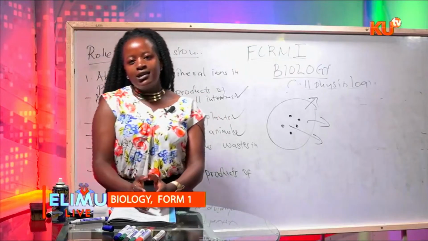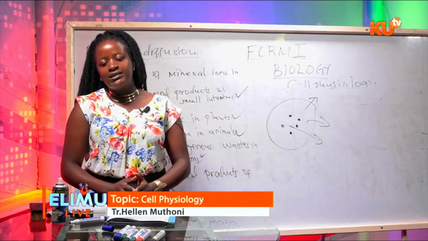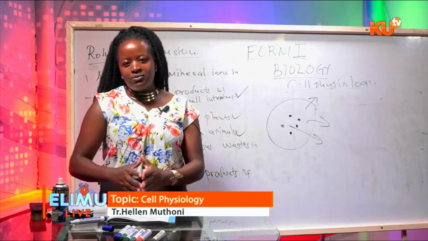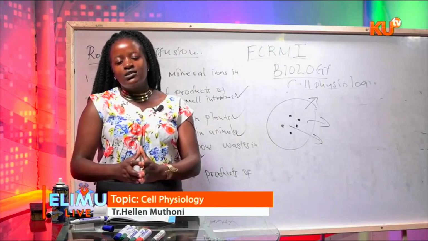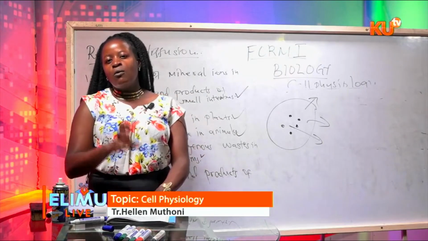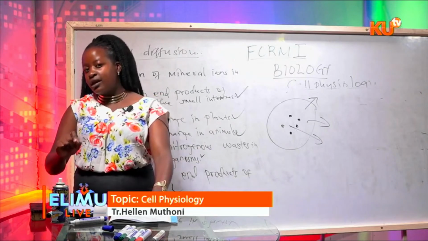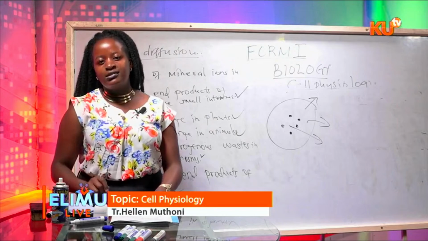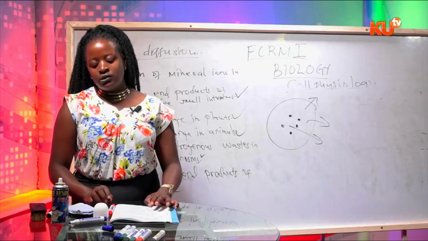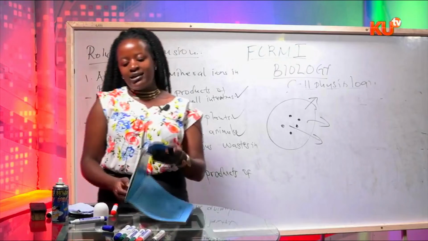Now, because the leaves are the major points where photosynthesis takes place, this glucose cannot be retained here. It has to be transported to other parts of the plant. So what aids this transportation or this translocation is the process of diffusion. So that is it with the role of diffusion in living organisms.